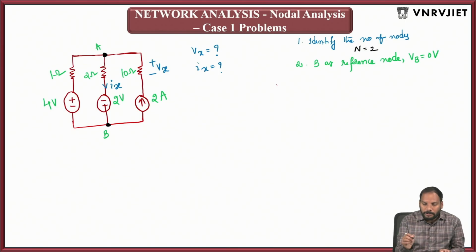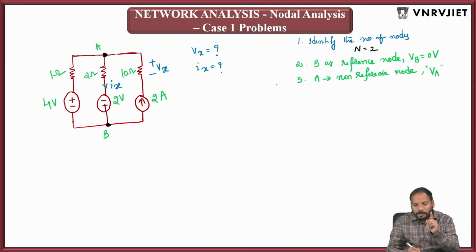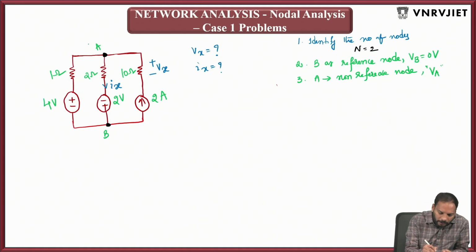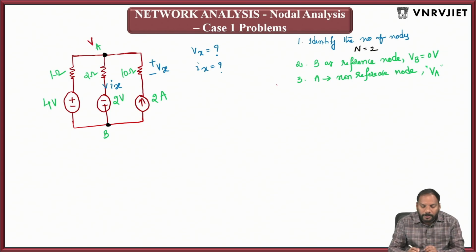The remaining n minus 1 nodes are non-reference nodes, so node A is the non-reference node. The potential at node A I call VA.